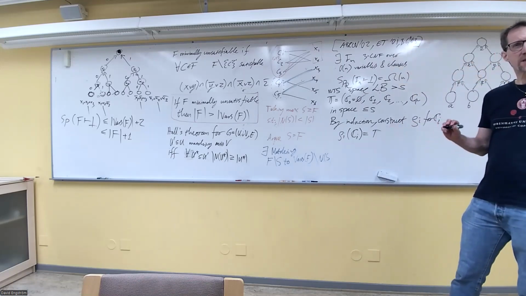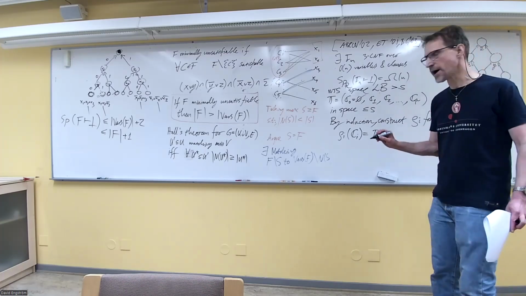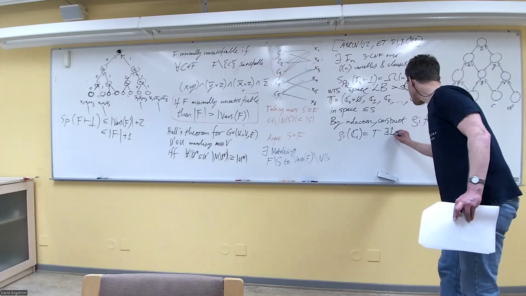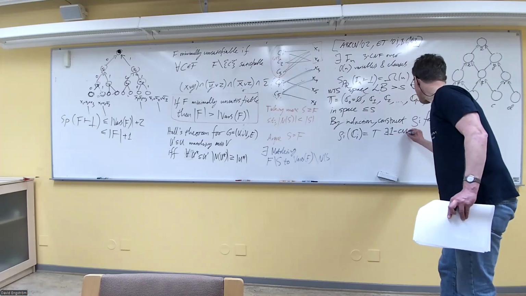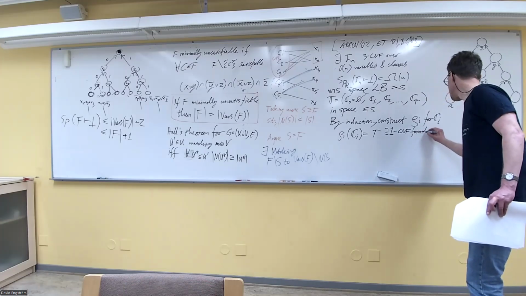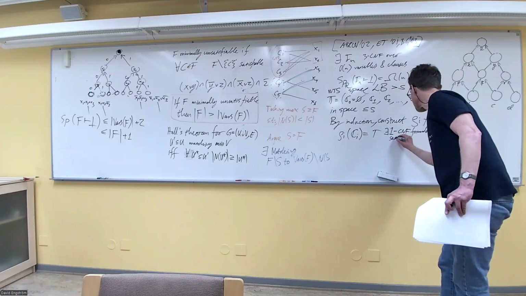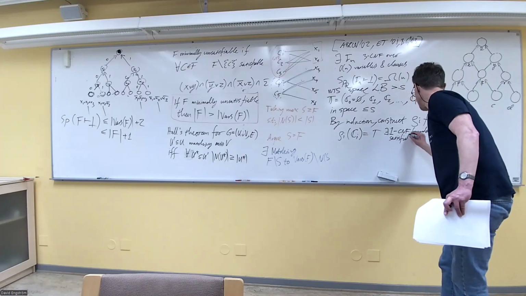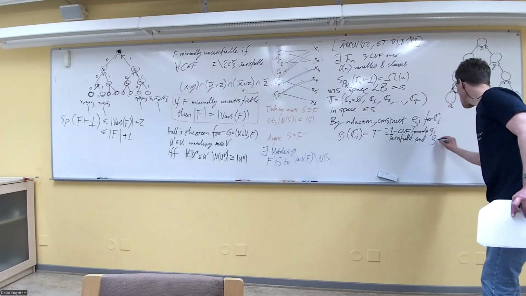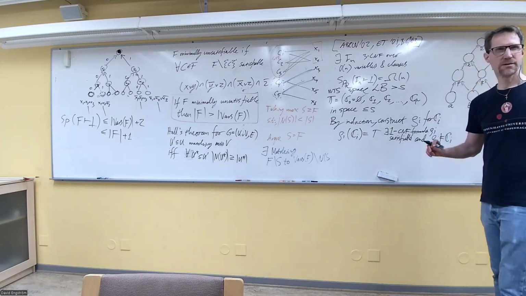For reasons that will become clear, let me write this in a slightly funky way. I can write the following. There exists a 1-CNF formula that is satisfiable and is such that rho I implies CI.